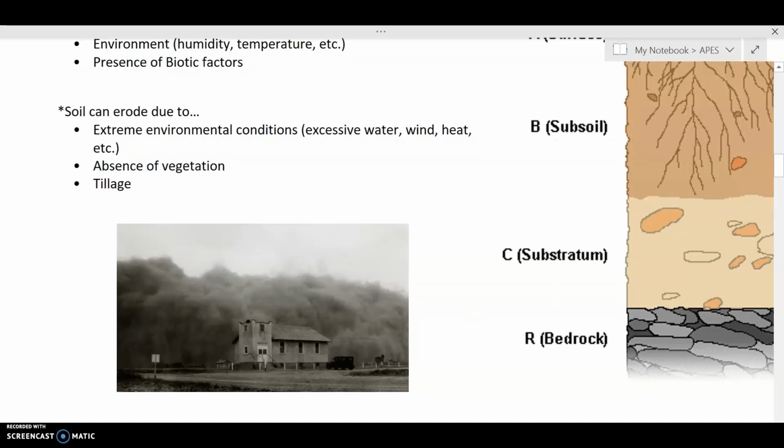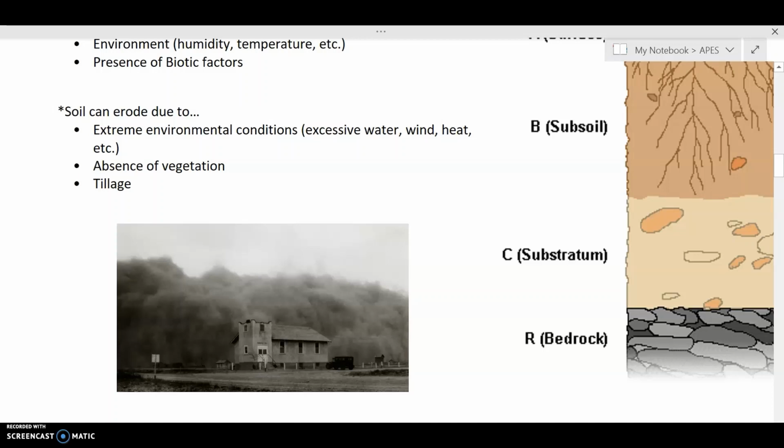Okay, so soil is prone to erosion. Several factors that lead to soil erosion are extreme environmental conditions. This means excessive water, wind, heat, just extreme conditions that the environment isn't accustomed to.